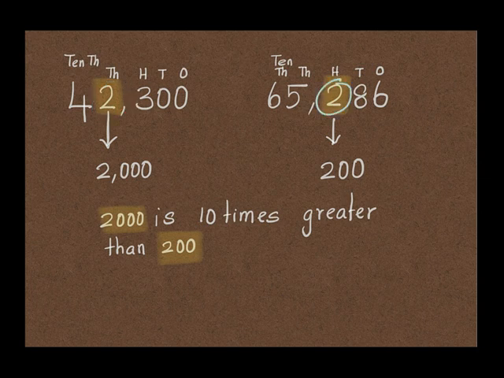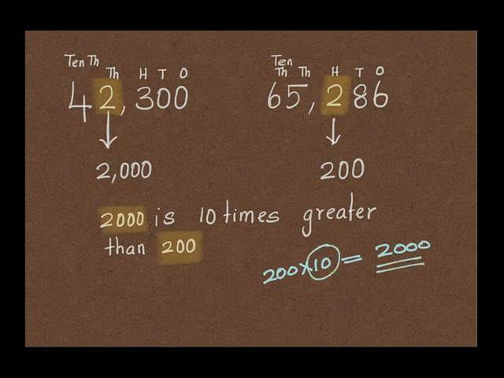The 2 in the hundreds place is worth 200. 2,000 is 10 times greater than 200. So when you multiply 200 times 10, you get 2,000. So 2,000 is 10 times greater than 200.